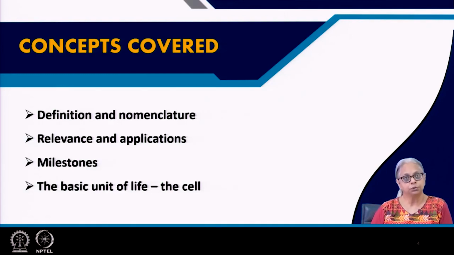Then we will go through the relevance of microbiological principles and some applications, and some major milestones in the history of this discipline. This discipline has matured in the last almost 400 years, and we'll go through some of the basics of microbiology, or you might say biology itself. The basic unit of life is the cell, so we will go through a very quick review of that.